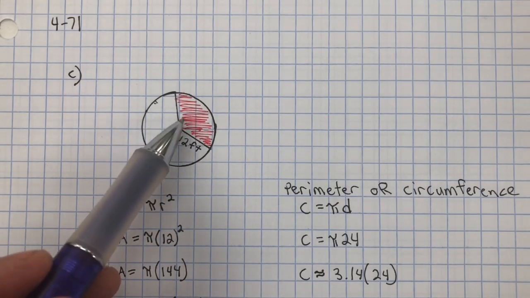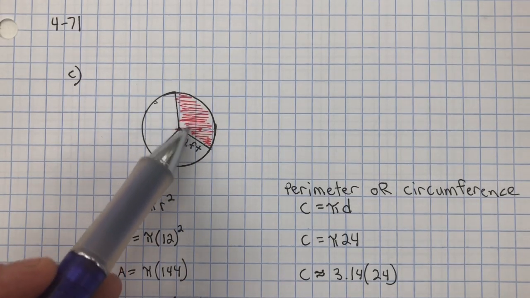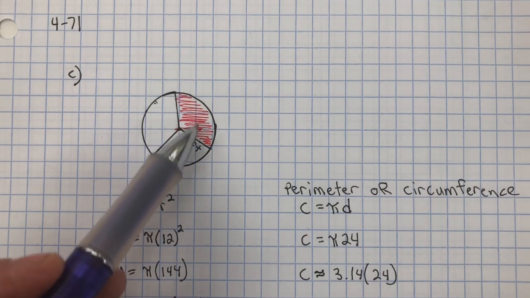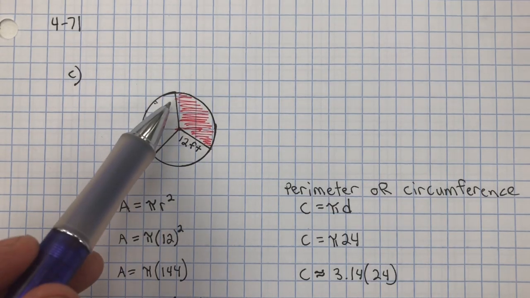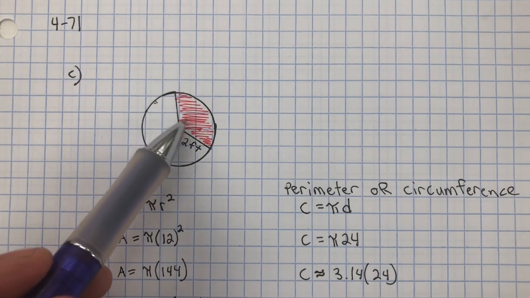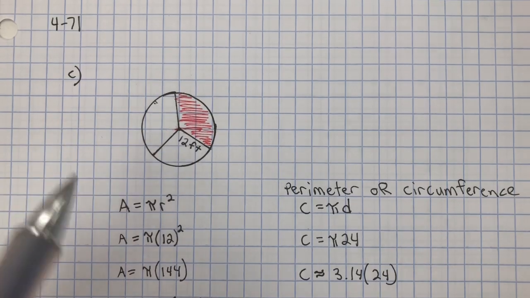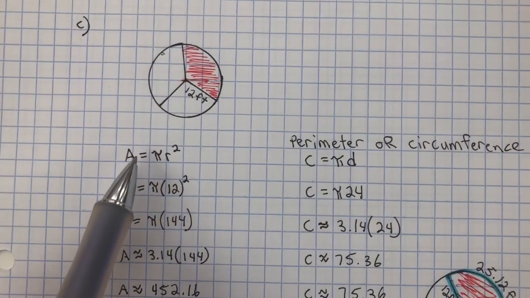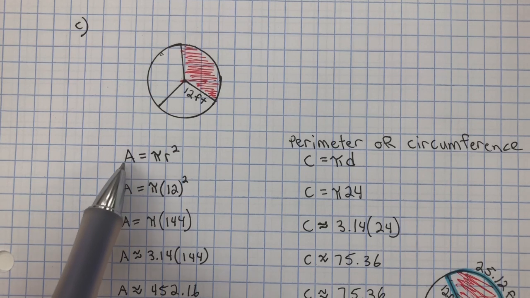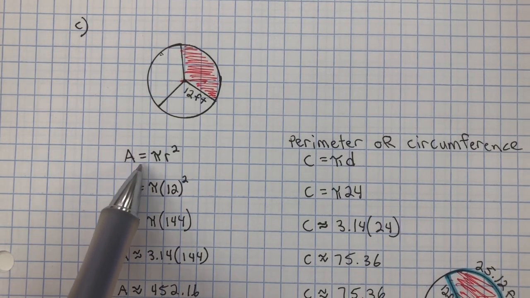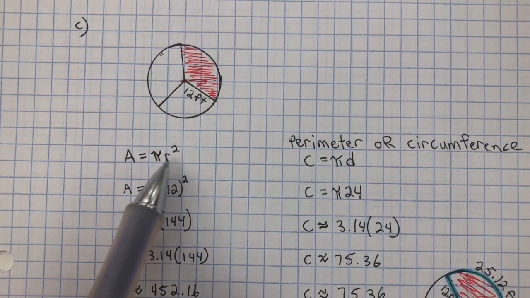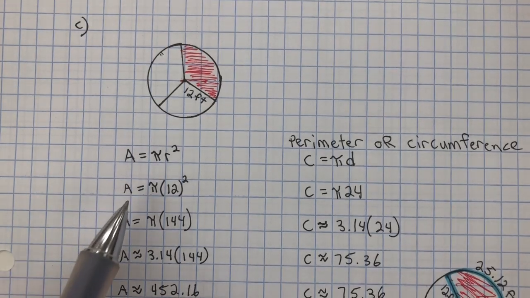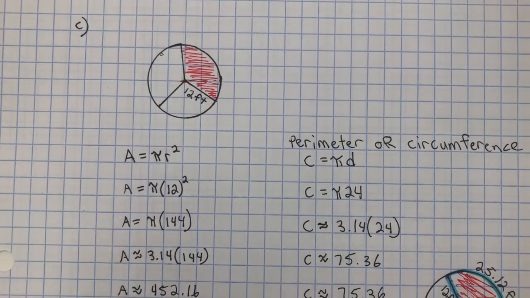Well, you know that the red area is 1 out of 3, so it's 1/3. So first we're going to find the area of the full circle, and then we're going to divide it by 3 because we only want 1/3 of it. In previous problems, I had mentioned the area of a circle is area equals pi r squared, or apple pies r squared, just an easy way for me to remember the formula.